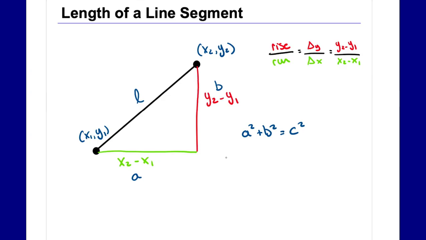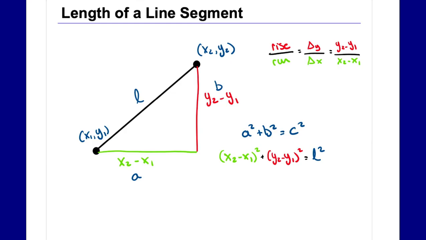So instead of a squared, I could do x2 minus x1 all squared, plus for b, I could write y2 minus y1 all squared, and that will equal our length squared.